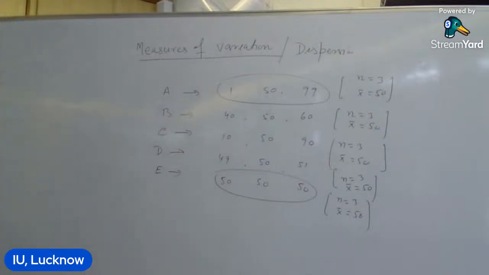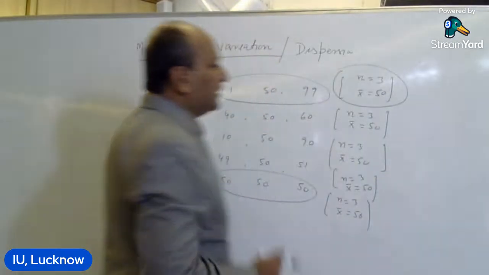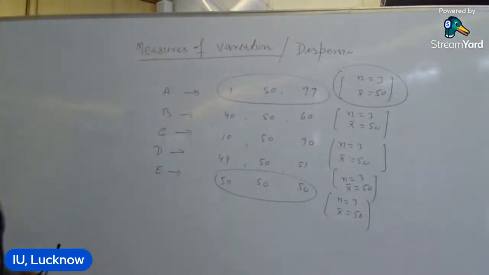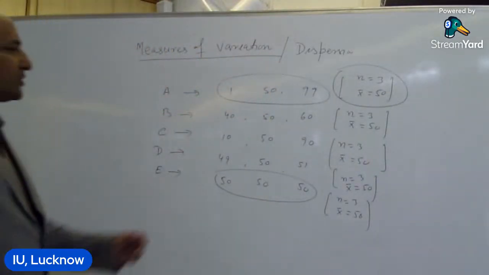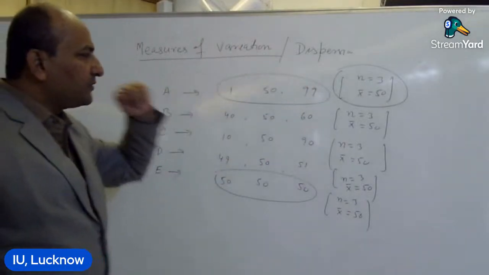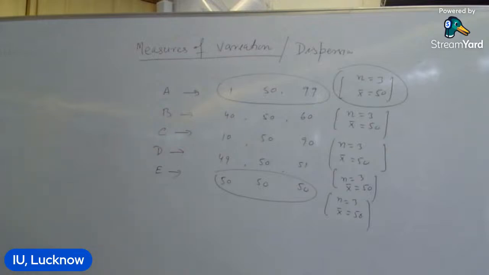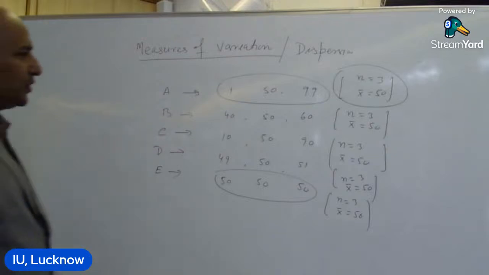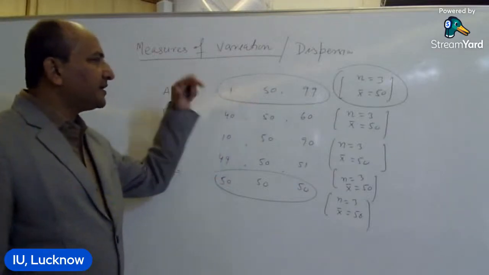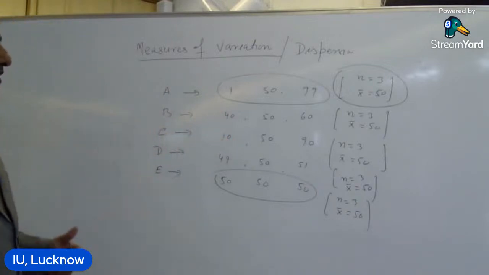So if we have only this information, it gives the average and some information about the set of observations, but this alone will not give you the complete picture unless we know the variation and the distance of each observation from its mean value.